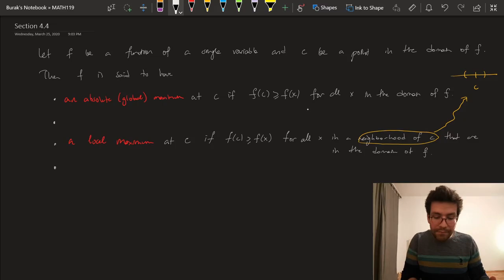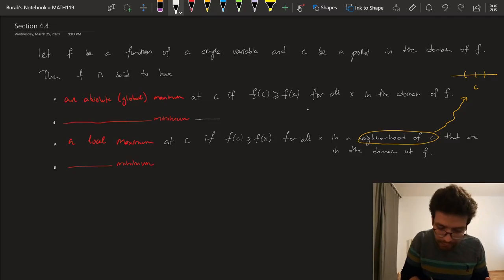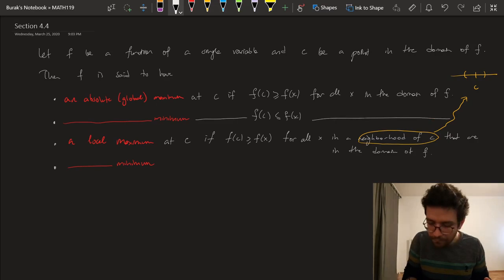Now, if you flip these inequalities, you get the notions of absolute minimum and local minimum. Everything is the same except you reverse the inequalities.